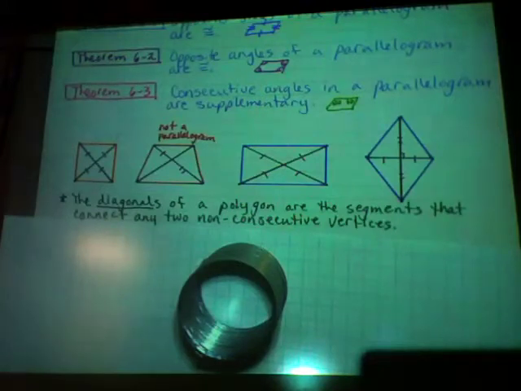Three of those are parallelograms. The one that I have noted is not. What do you notice about the three that are parallelograms and their diagonals with those tick marks in there? Anything come to mind?